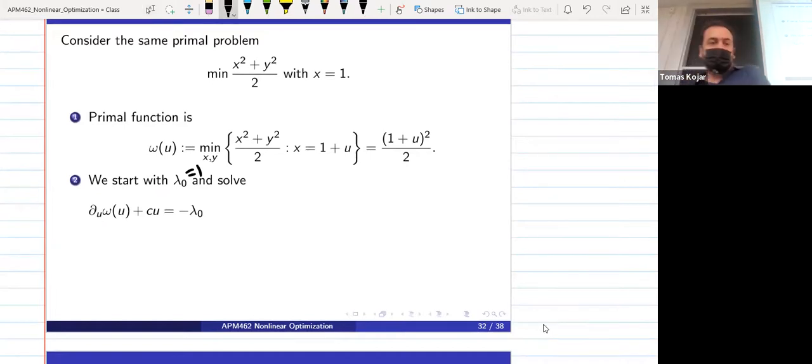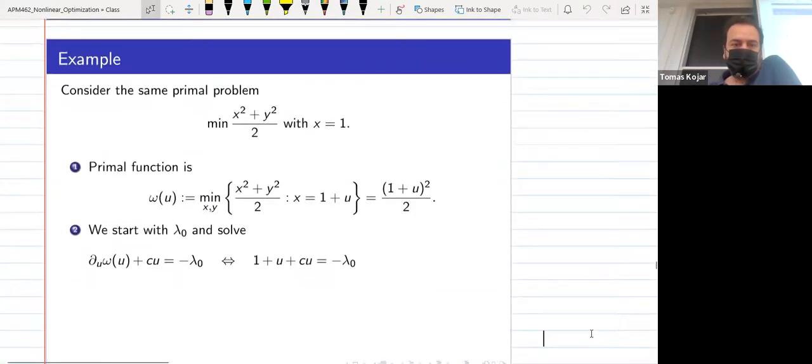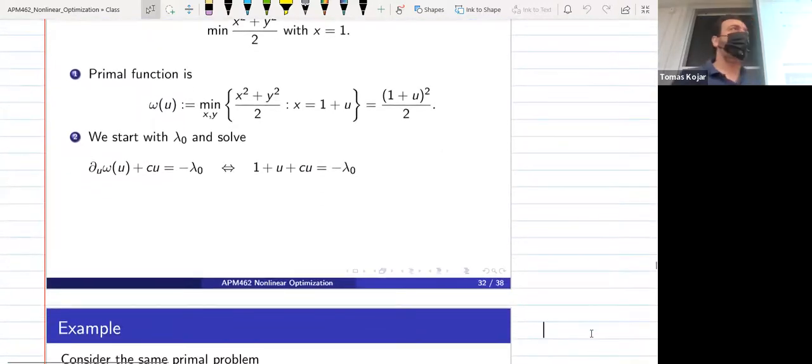Then to get your u1, your first iteration, we solve the augmented Lagrangian, right? And when we did that, we said it's the same as the first order condition with the primal function. So then I just take the u derivative. What's the u derivative of 1 plus u squared?